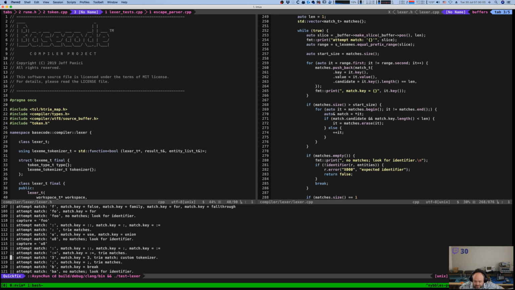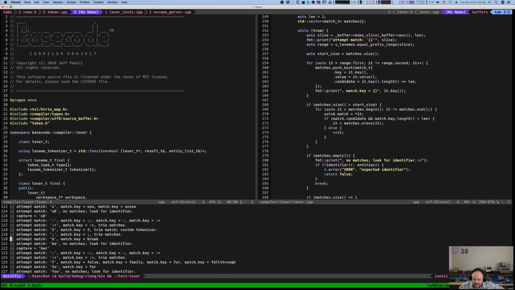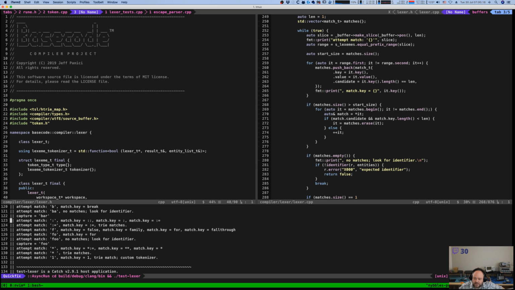We hit a 3. That's a prefix for a number parser. So we go to custom tokenizer. We hit a semicolon. That is a punctuation. We parse bar as an identifier. We see colon. Again, we get 3 possibilities. We match on colon equal.